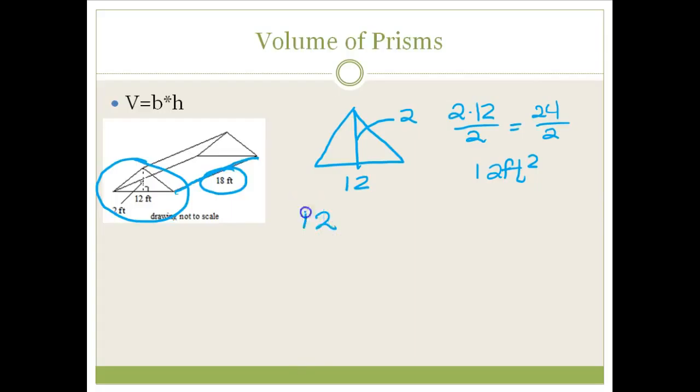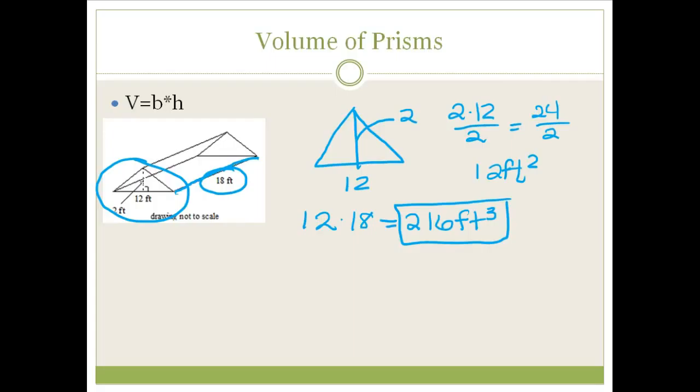So 12 times 18 is 216 feet cubed. And that is how much this triangular prism can hold, which I personally think is a lot.